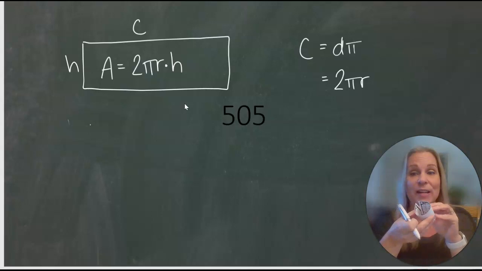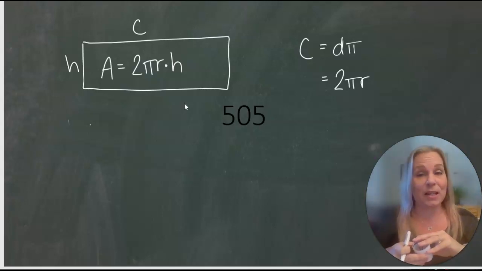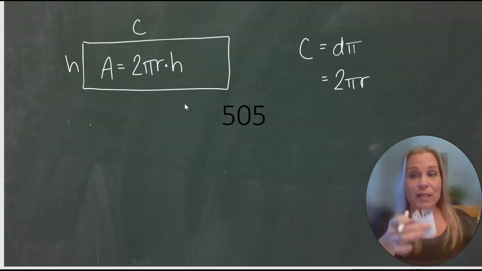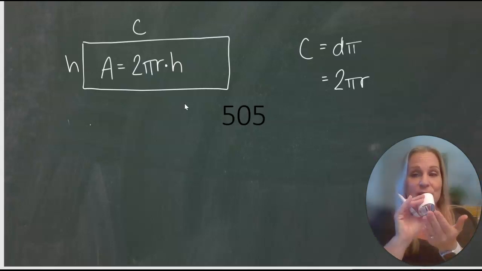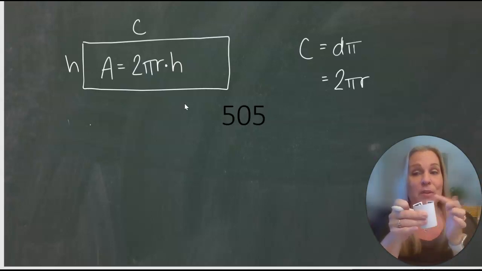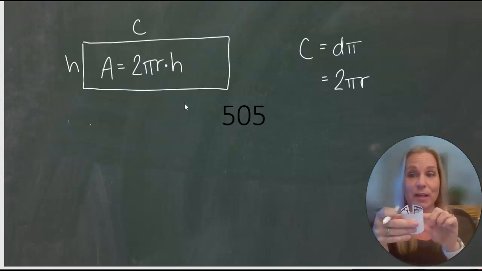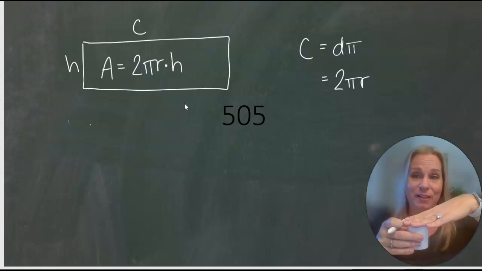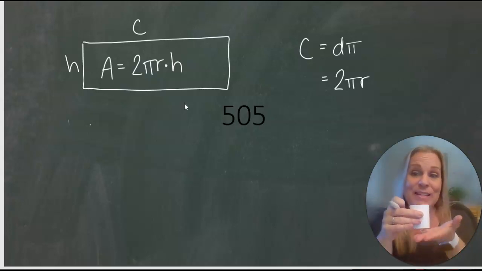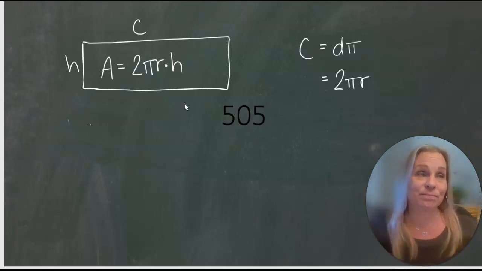Then if I need to find this area and this area, because remember, I said in the beginning, every cylinder has three distinct surfaces, right? We've got a surface that's the base on the top, we've got a surface that's the base on the bottom, and we've got this wraparound rectangle, right? So this is a circle. We know how to find the area of a circle. This is an identical circle.